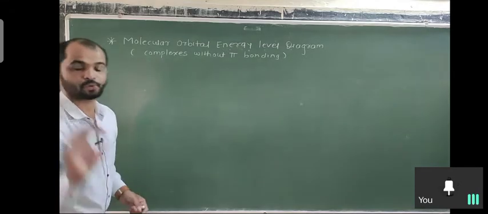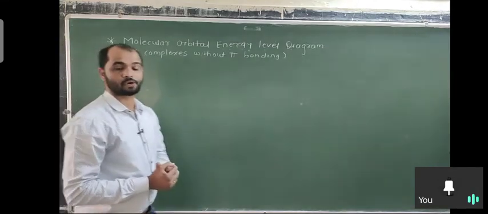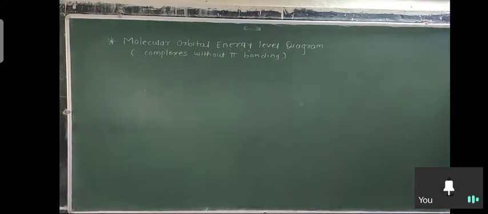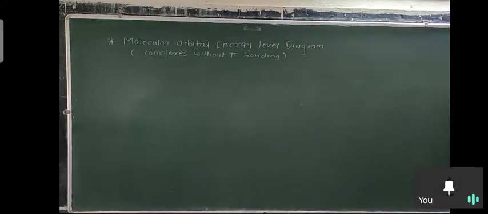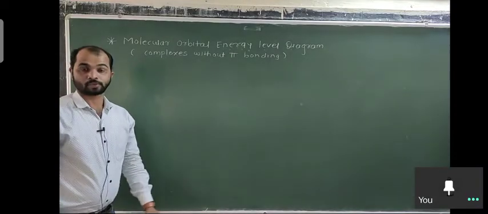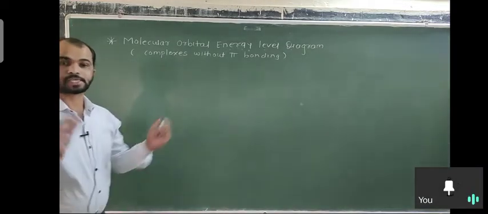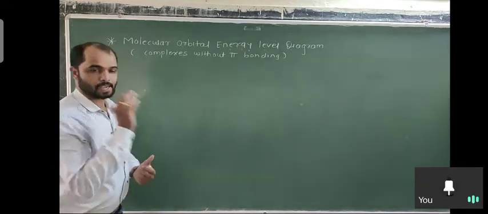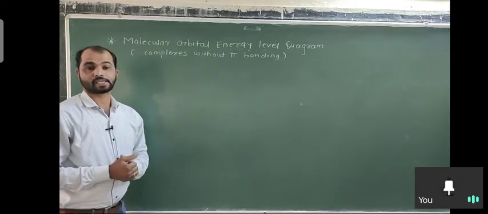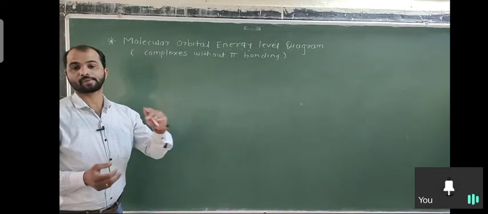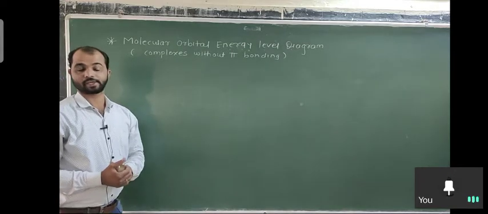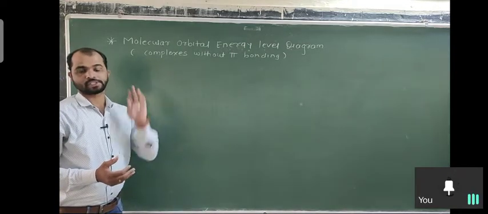An important thing in molecular orbital theory is that when two atomic orbitals are combined together, they form two molecular orbitals. Half of the molecular orbitals are bonding and half are anti-bonding. You already know about it; we discussed it in the first chapter.